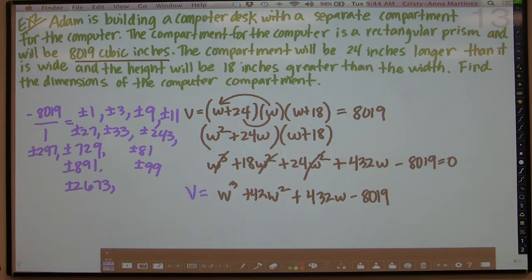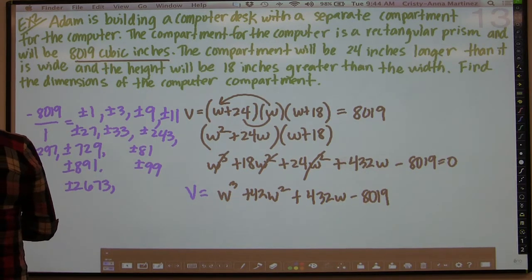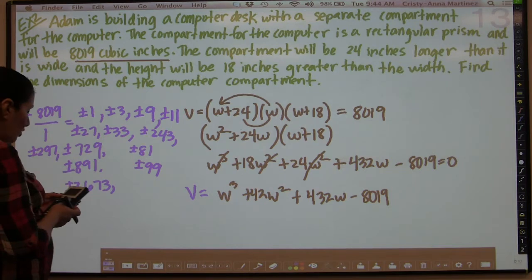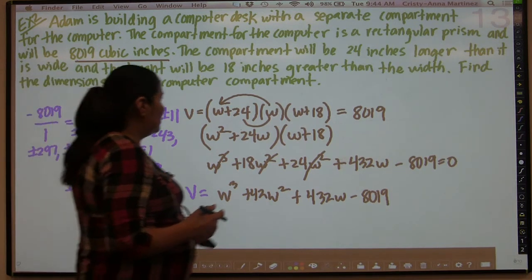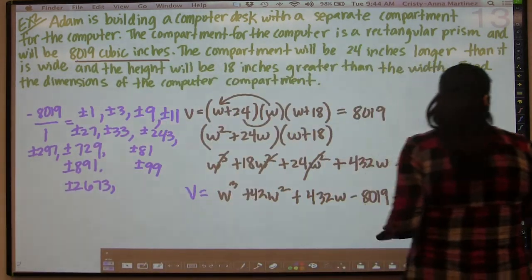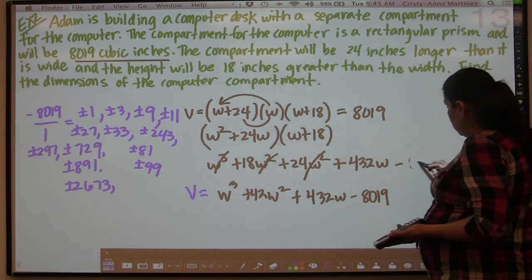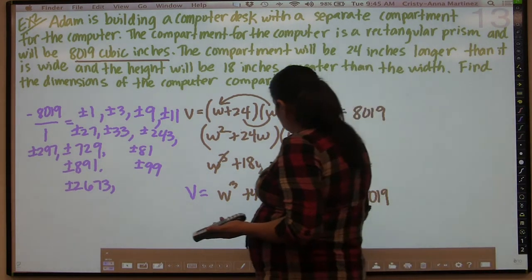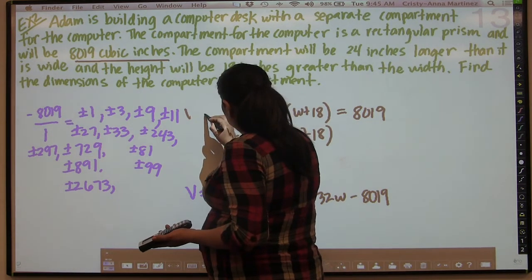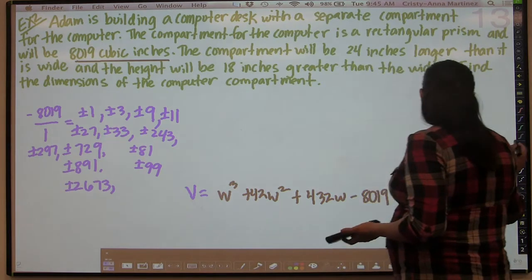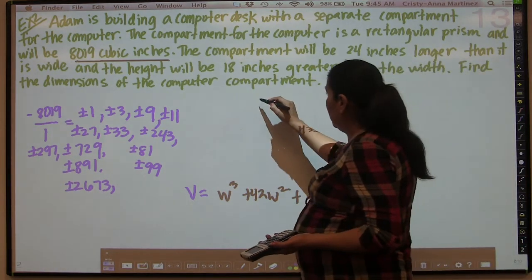So now that we have all those little guys, we can actually go to our calculator and we're going to do synthetic division. So I am now going to erase this top part. And see, last time when we wanted to find a possible 0, we had to just kind of guess.